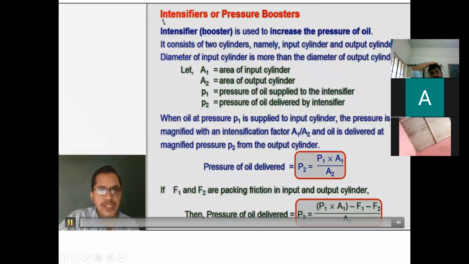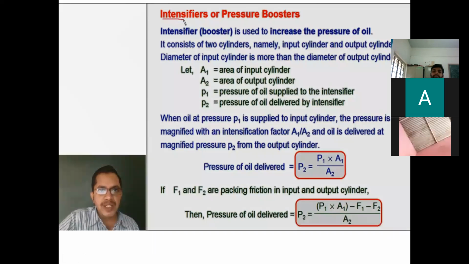Good morning friends. Today we shall study about pressure intensifiers or pressure boosters. Intensifier or booster is used to increase the pressure of oil. If we need to have high pressure, then we can use intensifiers. Intensifiers consist of two cylinders. One is the input cylinder and the other is the output cylinder.